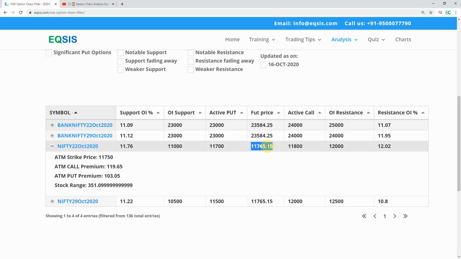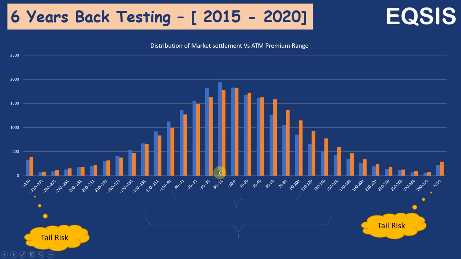I hope you got some meaningful idea. If not, just crawl back for about a couple of minutes and watch this again. You will get it. Let me quickly get to further concepts. Now with this, what did you get? The at the money premium has a lot to convey in terms of probability. If you know how to build a strategy on the narrow range, go ahead and form it.